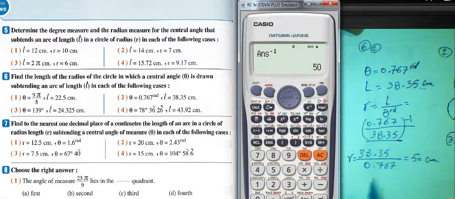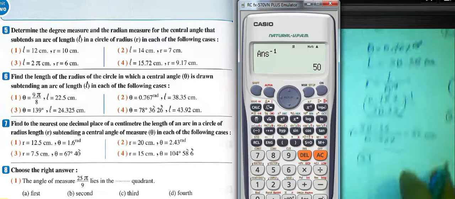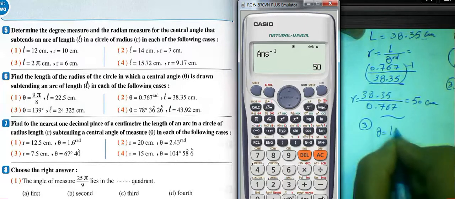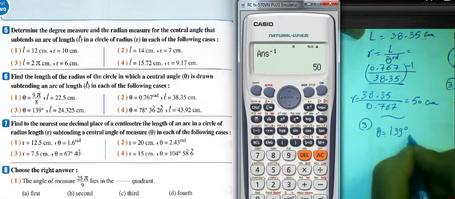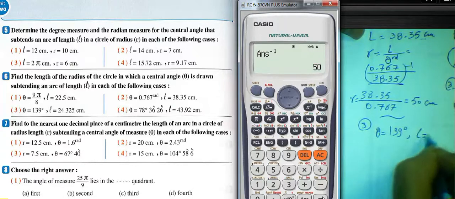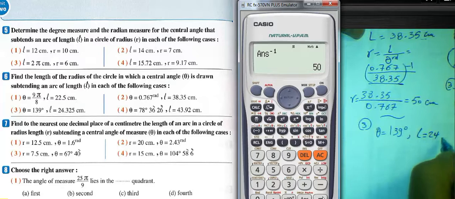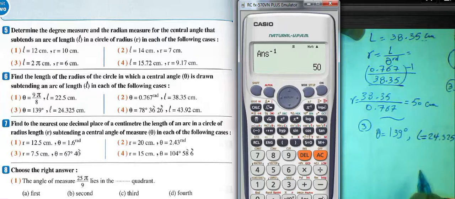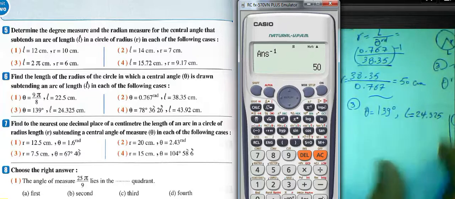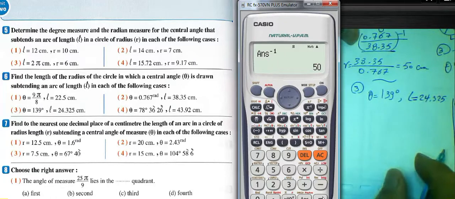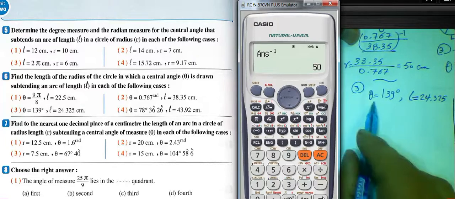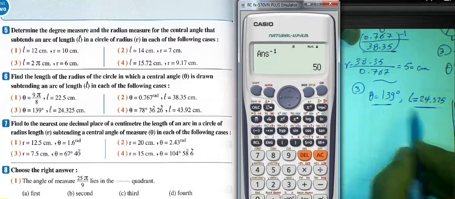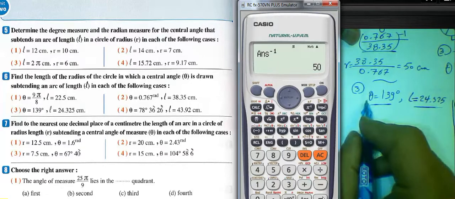Question number 3. We have theta in degree, 139 degrees, and the length equals 24.325. Who can solve it? We can convert from theta degree to theta radian.